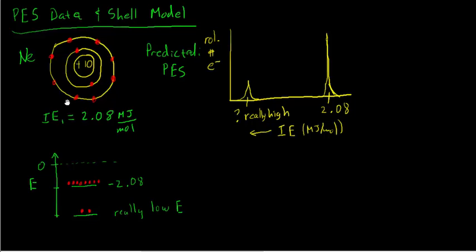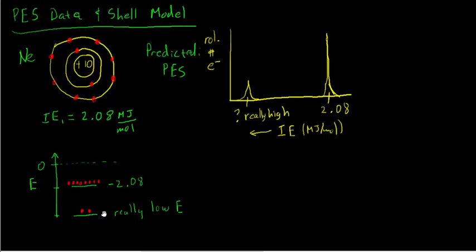The electrons in the outer valence shell are going to have an energy of negative 2.08 megajoules per mole, and so I put 8 electrons at that energy level, indicated by these 8 red dots. Then these 2 electrons on the first shell are going to be really close to this plus 10 charge, and so they're going to have a very low, very negative energy on our energy level diagram.